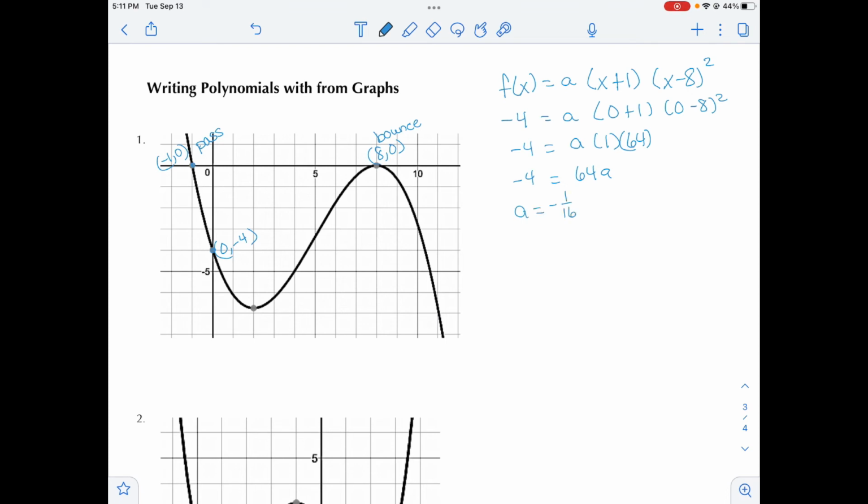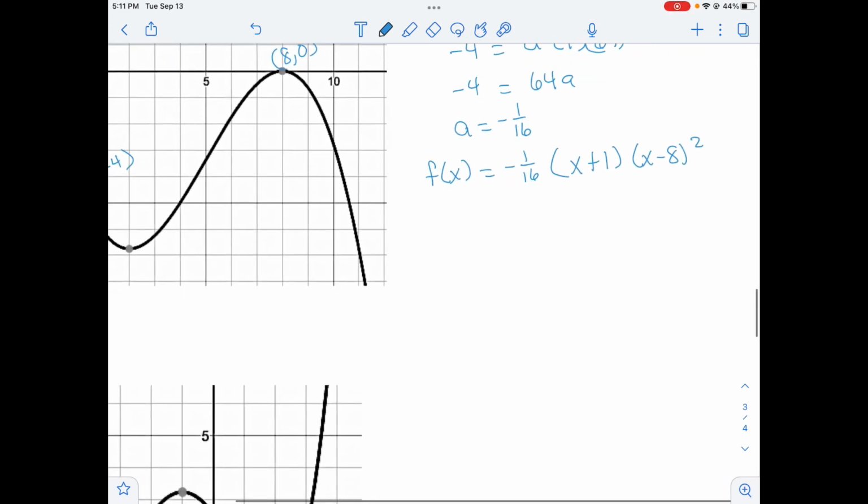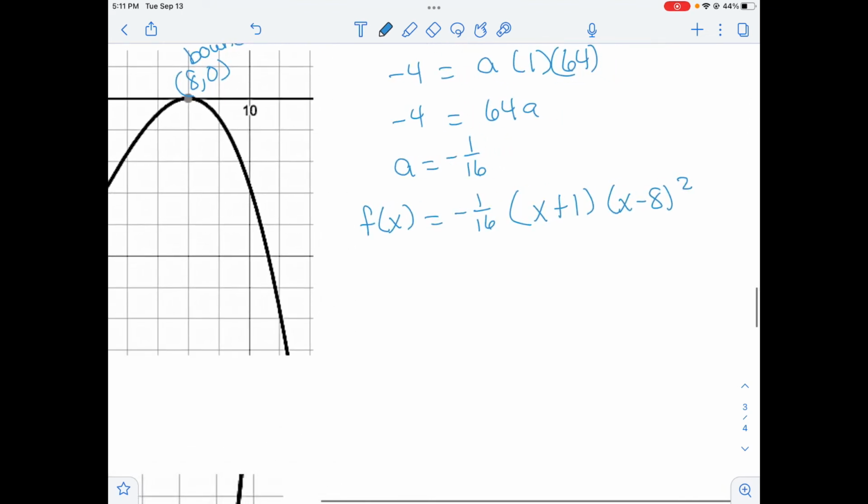I would then plug that back in and then factor completely out. So f of x will give me a -1/16 for my a, now that I know it, x plus 1, x minus 8, and squared. Now, when I have these, you can do it in any order. Just be careful and don't do just x squared and plus 64, because this means x minus 8 times x minus 8.